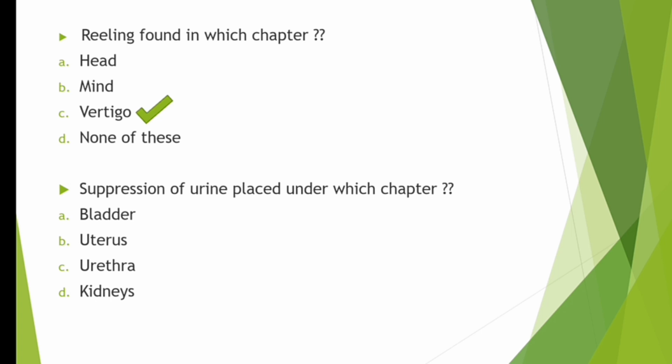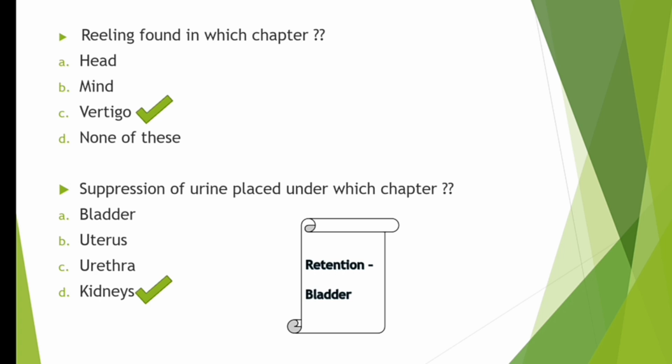We already saw that in the bladder chapter we can see the retention related rubrics, urination related rubrics. So the answer is kidneys. In the kidneys only urine is filtered, so there is a problem in that filtration. So we can see it in the kidney chapter. Retention related rubrics are present in the bladder chapter.